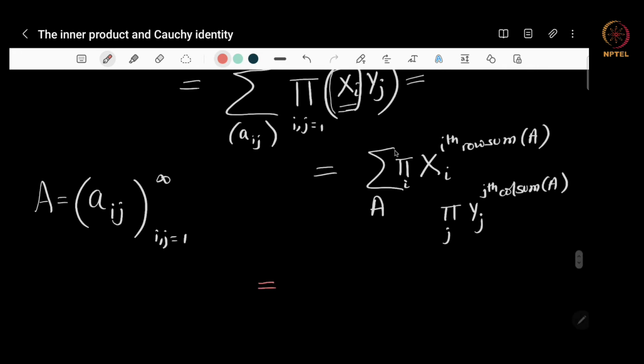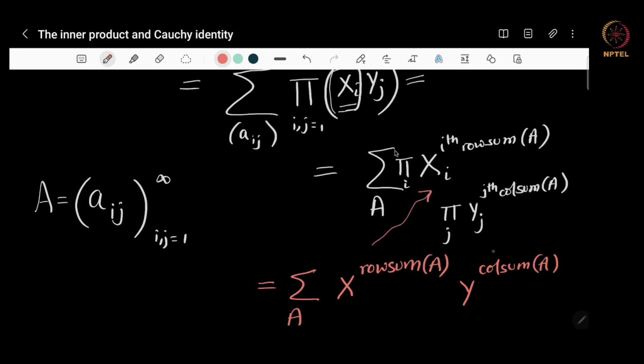So I'm just going to rewrite it as follows. It's a sum over all infinity cross infinity matrices with finitely many non-zero entries of x to the row sum of A, y to the column sum of A. Remember, x is the shorthand for the tuple of infinitely many variables. So that's just shorthand for this.